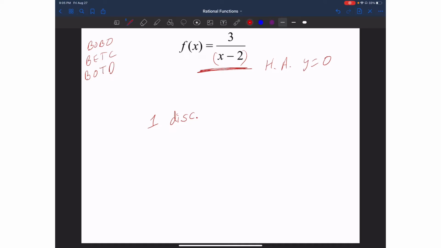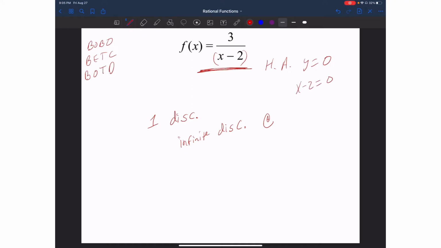So I know that the one discontinuity that I have is an infinite discontinuity, and it's going to happen when x minus 2 is equal to 0.